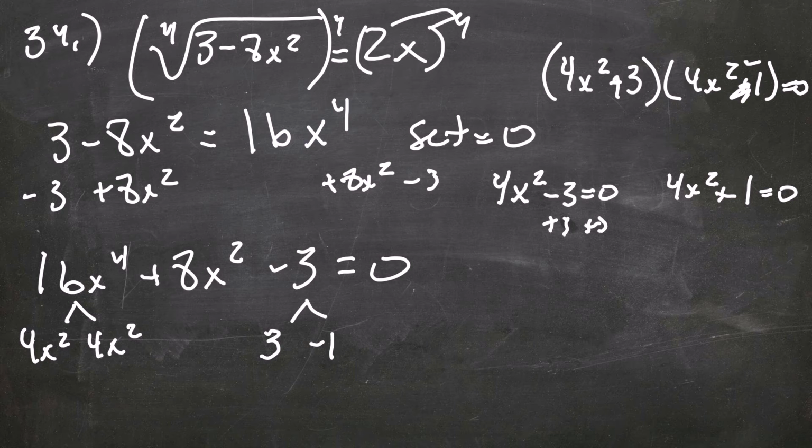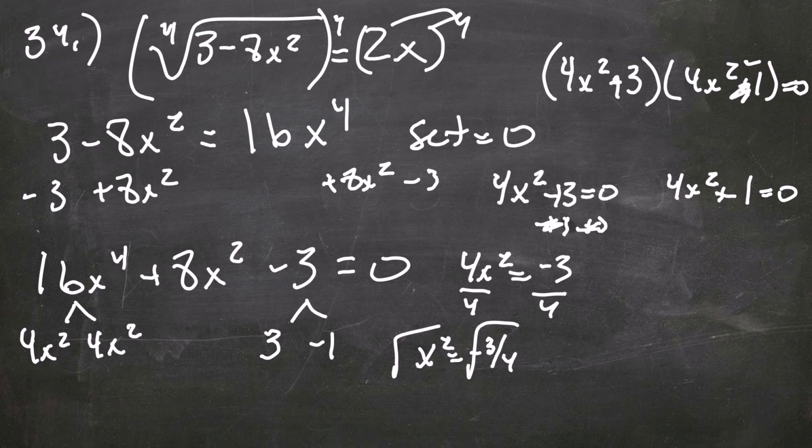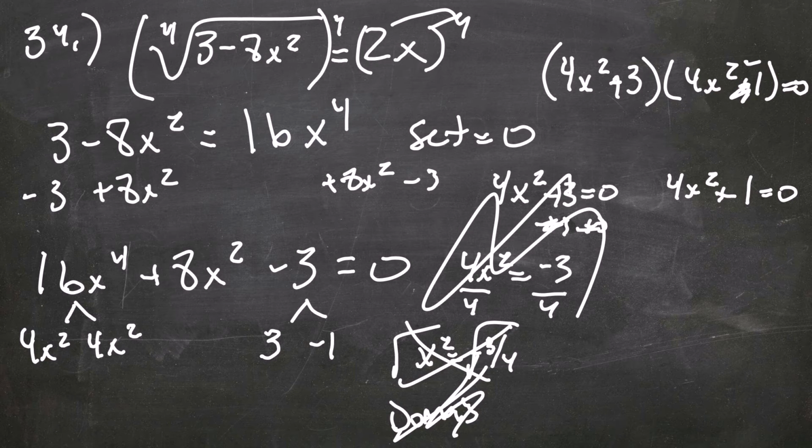I messed up. So I minus 3 from both sides. So I get 4x squared equals negative 3, divide by 4, divide by 4. I get x squared equals negative 3/4. When I take the square root of that, it's domain error. So that's not going to help me. Okay? That's why you don't have to worry about this one. Now I minus 1 from both. So in case you didn't understand, I messed up here.